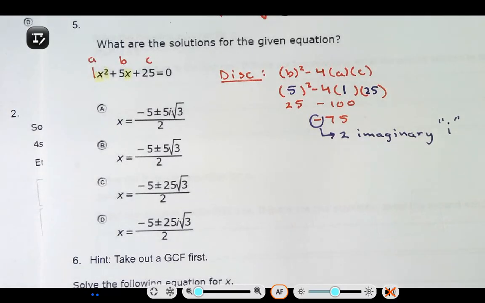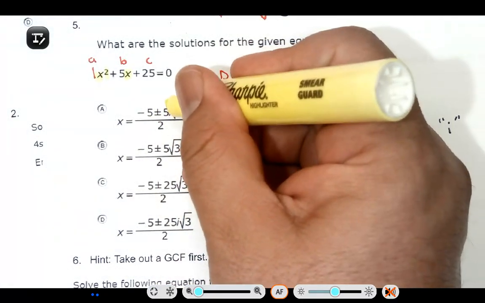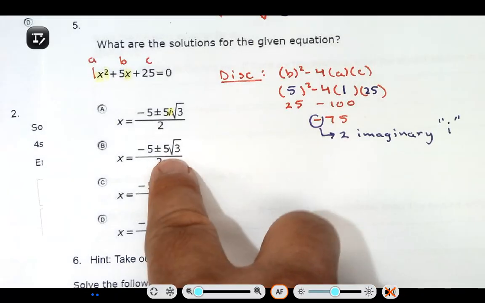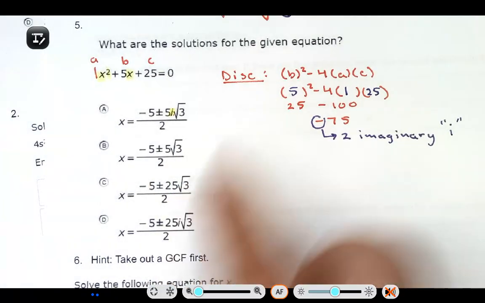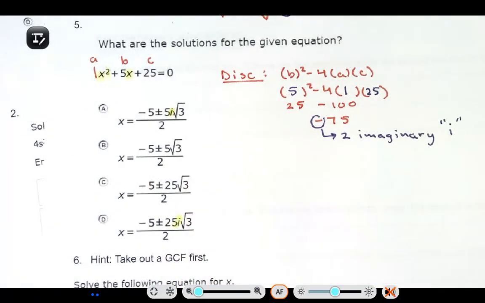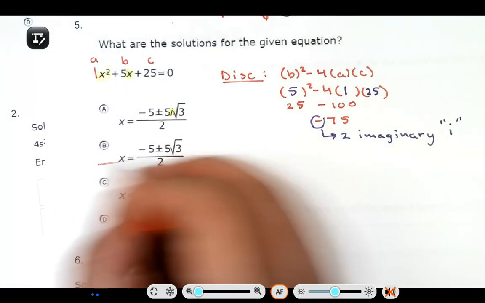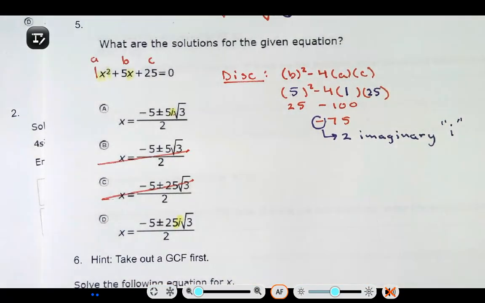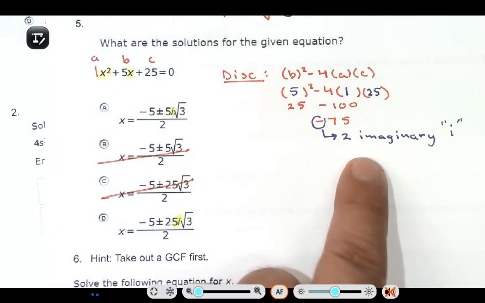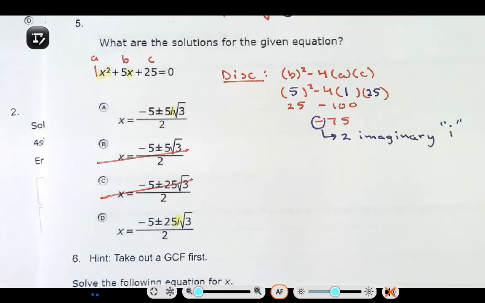So you see, when I'm looking at my answer choices, I see an i right there, no i, and I see an i right here too, which means, see, look at that. The discriminant already allowed me to cancel 2 answers out that make no sense. So again, this is why we do the discriminant, especially for a multiple choice test. It already helped me out there.